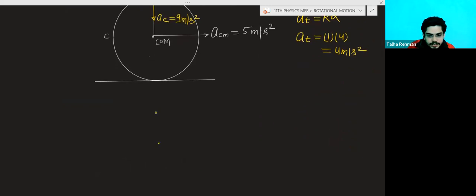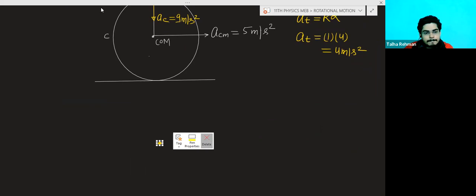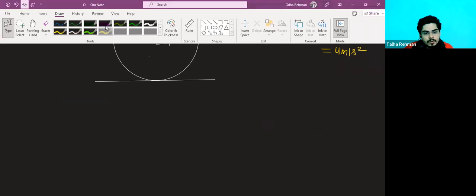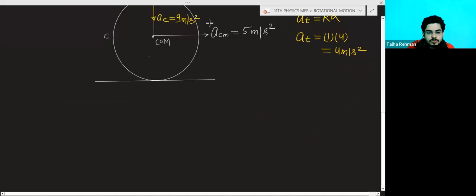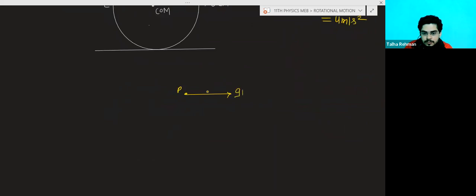Now at point P, draw the vector diagram separately. Suppose this is point P. At this point P, the total acceleration in this direction is 4 plus 5, that is 9 meter per second square.